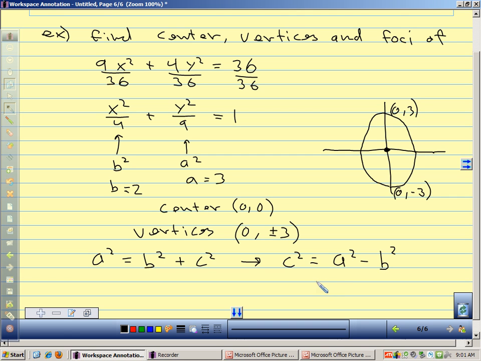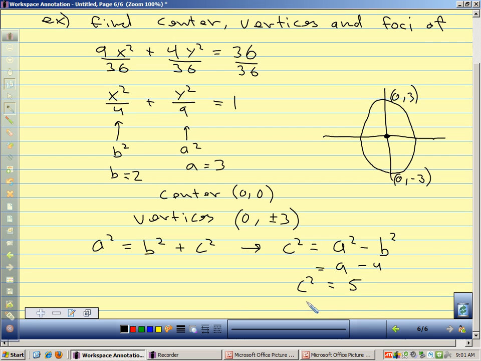So c squared equals 9 minus 4. So c squared equals 5. C equals plus or minus the square root of 5. And my foci are going to be on the major axis. So I'm going to go up and down square root of 5 units from the center. So the foci are going to be at 0 and plus or minus the square root of 5.